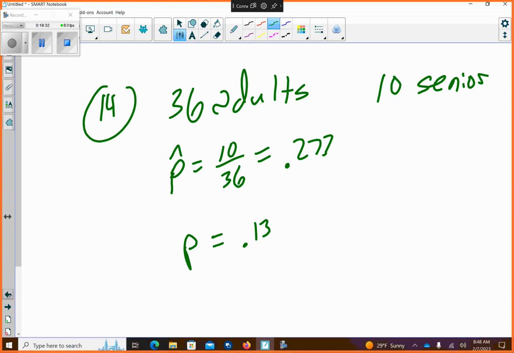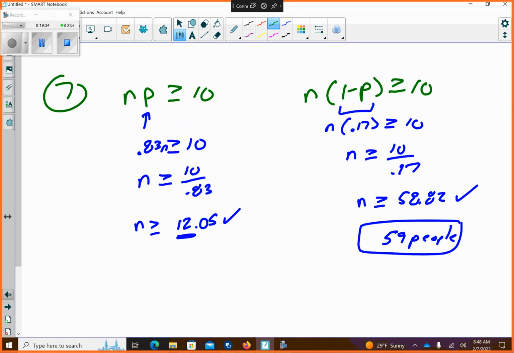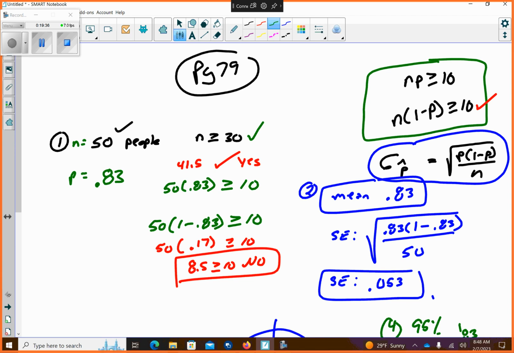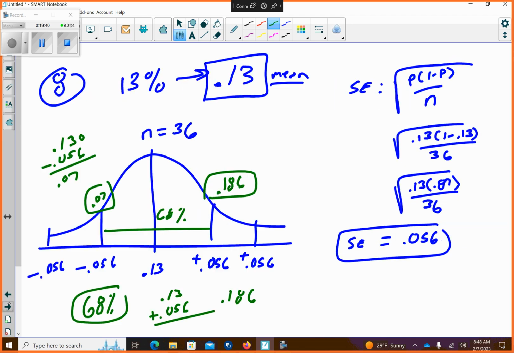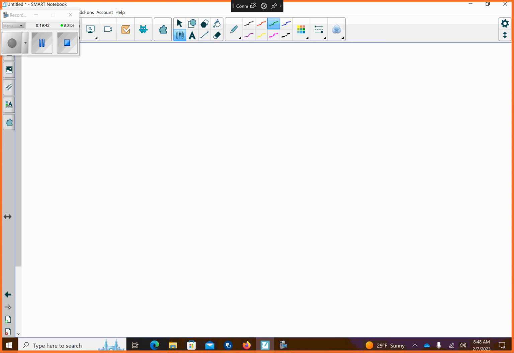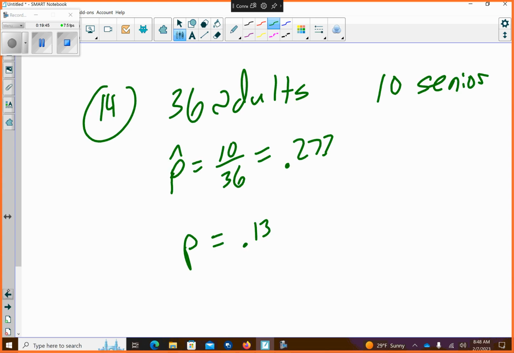Go back a couple slides, back to 5.4, 5.5. p is a population proportion, p hat is a sample proportion.